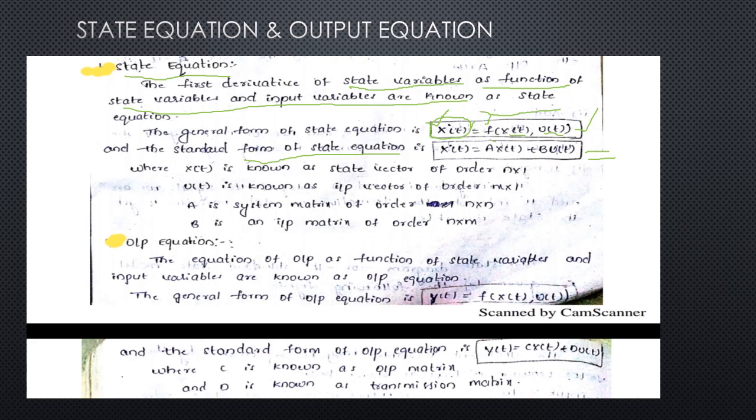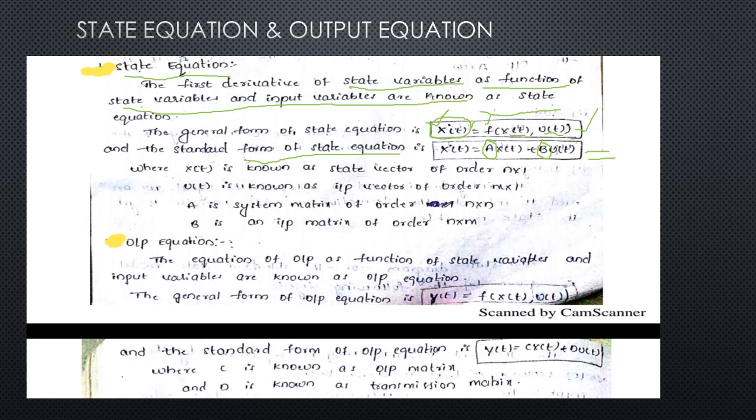Remember here, A is known as system matrix and B is known as input matrix.